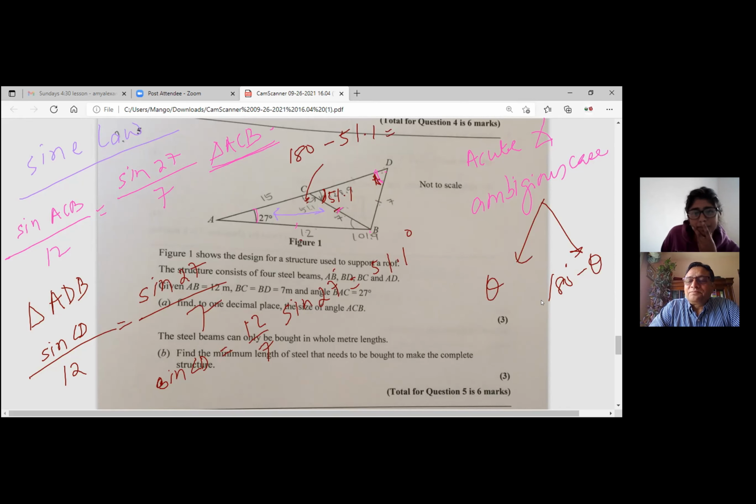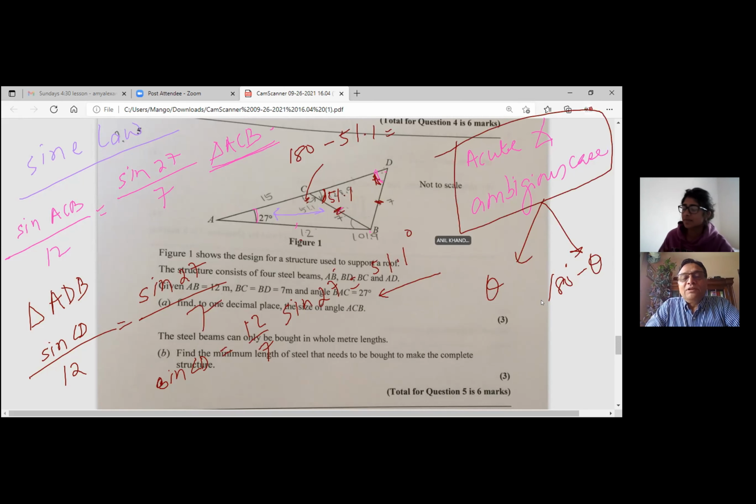Now let me again remind you, your board is actually very favorable to you because they are giving you steps. The idea of giving this particular 7 as the same as 7 is actually to put you on the track. It could be an ambiguous case. You understand?